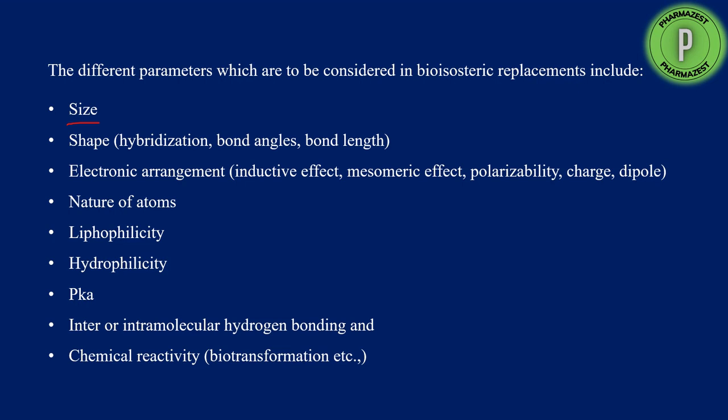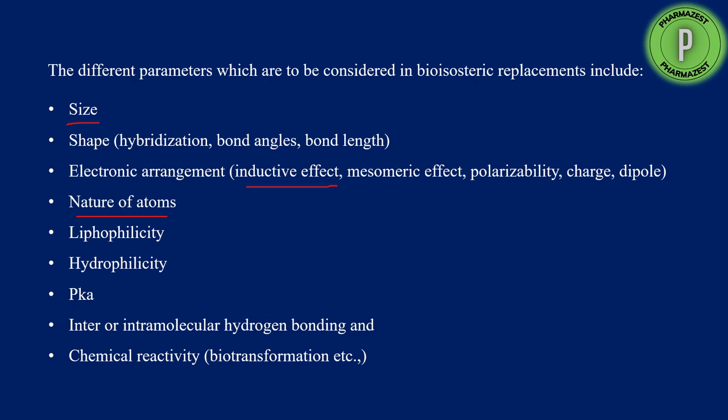The effects here are inductive effect, mesomeric effect, polarizability, charge and dipole. Based on the electronic arrangement of a molecule, these also play a very important role in the activity of the molecule.